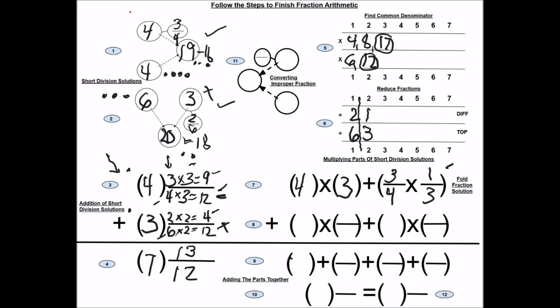Now, we also have to multiply the whole number times the fraction part, and we'll multiply the whole number times the fraction part with the common denominator. So we will get 4 times 4/12, and we will get 3 times 9/12.